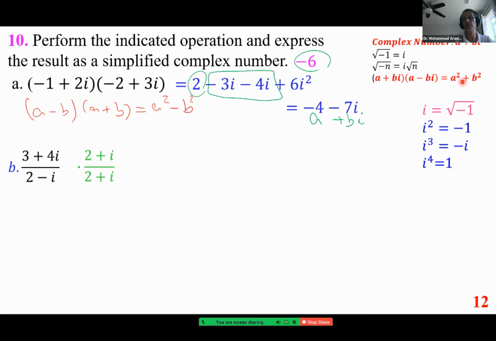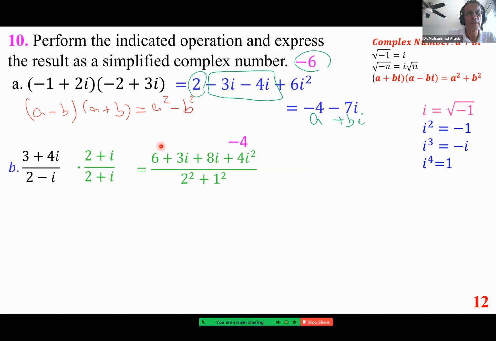I'm using this one. i squared is -1 with plus 4, that gives us -4. -4 with 6 is +2. We add this 2 into 11i, and we get 5 in the denominator.